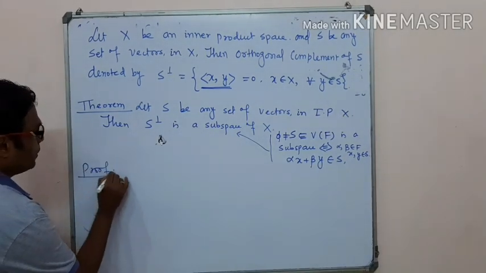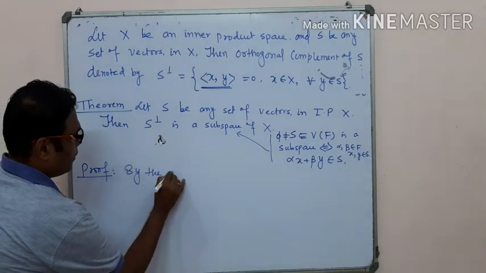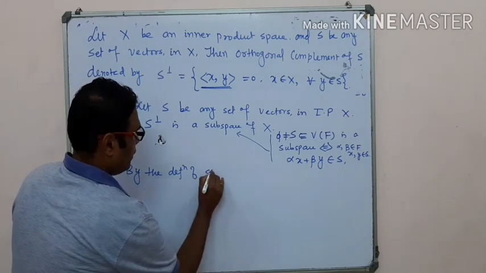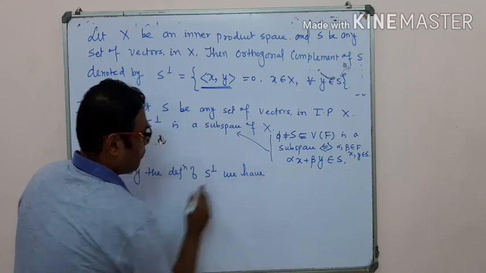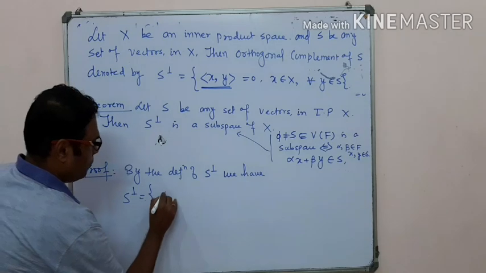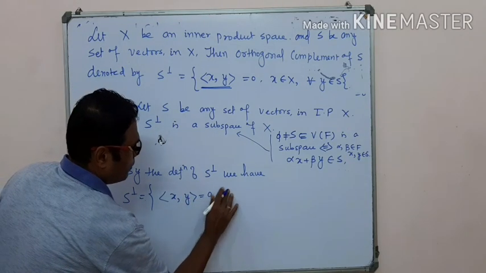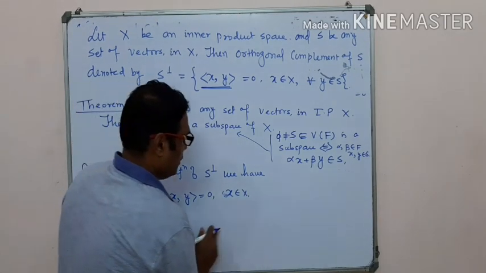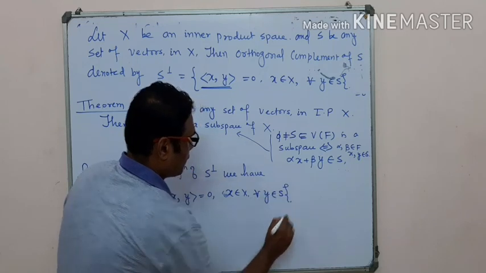The proof. By the definition of S complement, we have S complement is equal to the set where the inner product of x comma y is equal to 0, where x belongs to X and for all y belongs to S here.